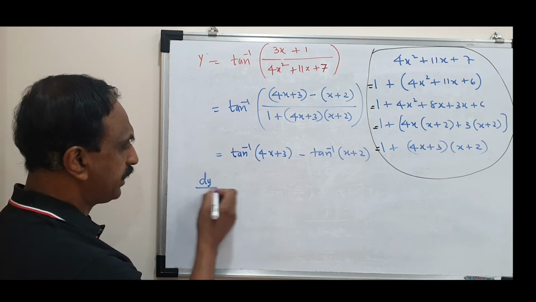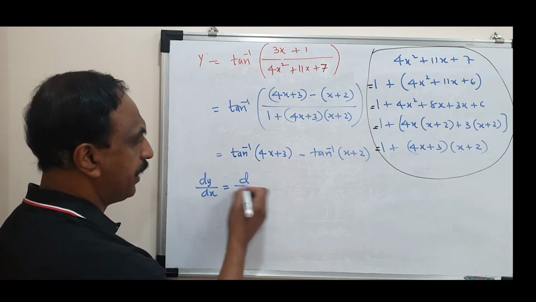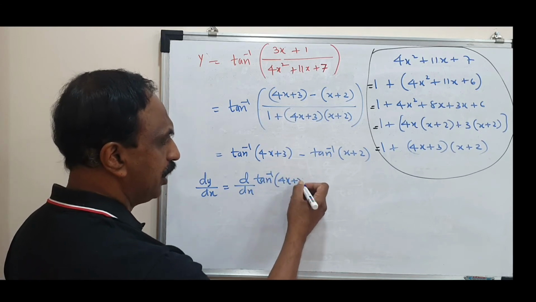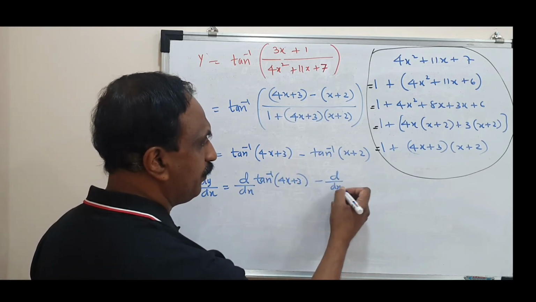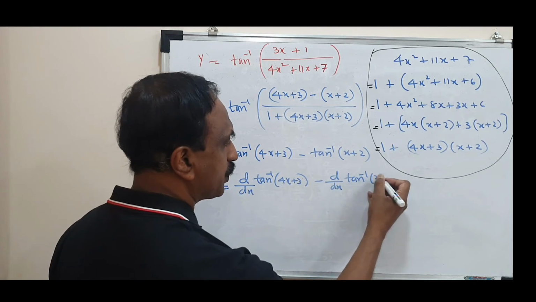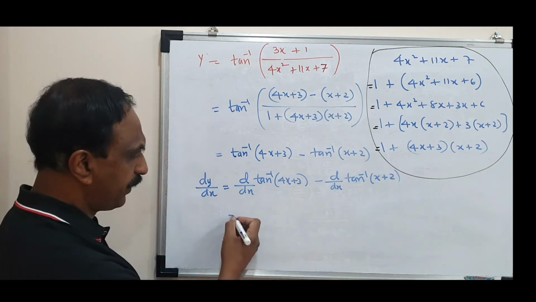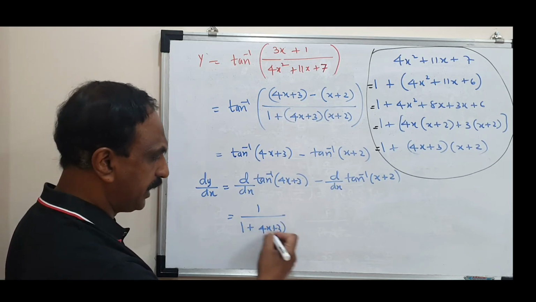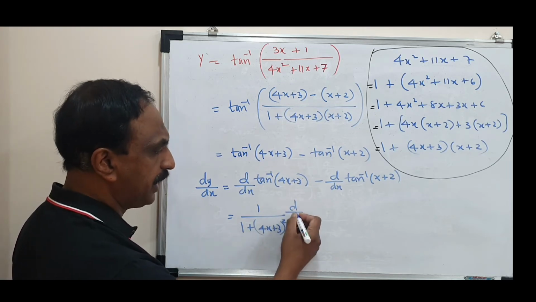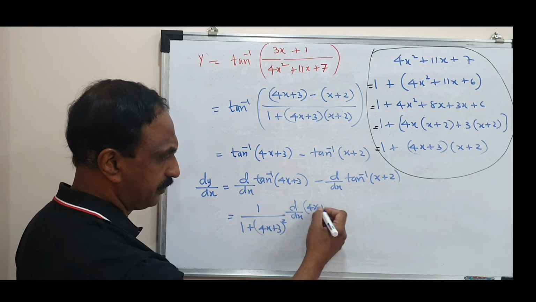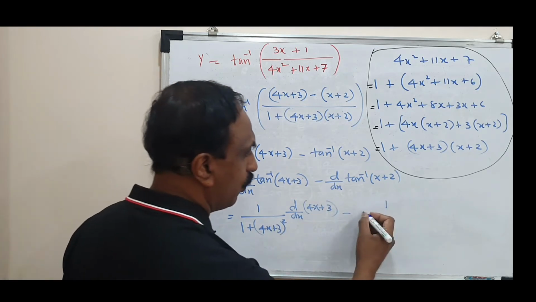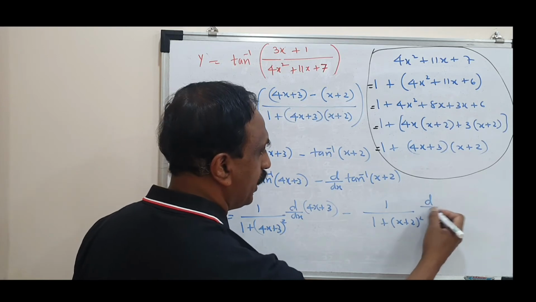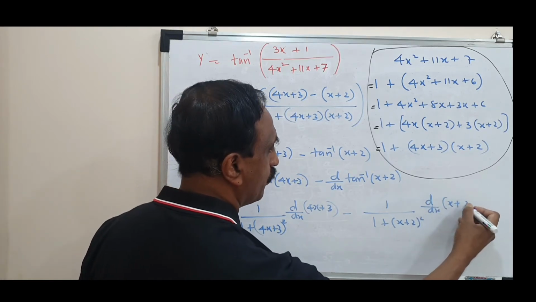So when I differentiate this with respect to x, d by dx of tan inverse of 4x plus 3 minus d by dx of tan inverse of x plus 2. So when I differentiate this, 1 upon 1 plus 4x plus 3 the whole square into d by dx of 4x plus 3, minus 1 upon 1 plus x plus 2 the whole square into d by dx of x plus 2.